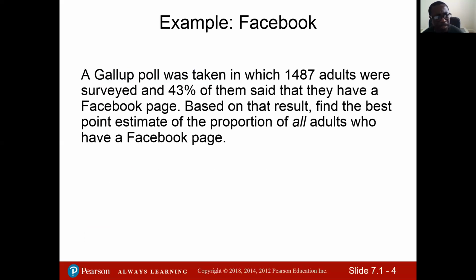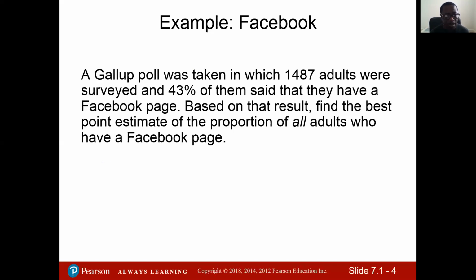Now, for example, let's say a Gallup poll was taken in which 1,487 adults were surveyed, and 43% of them said that they have a Facebook page. Based on that result, find the best point estimate of the proportion of all adults who have a Facebook page.